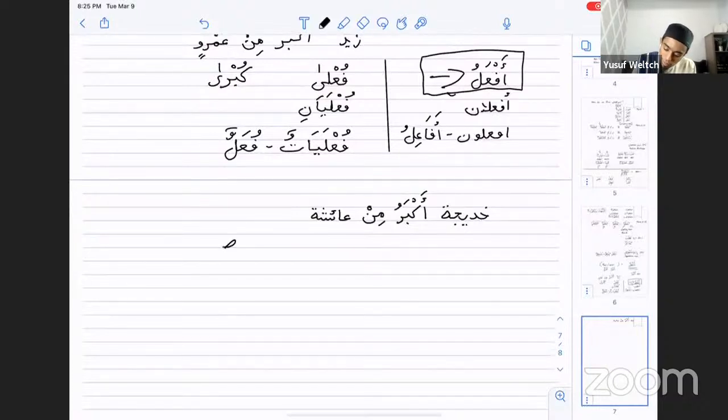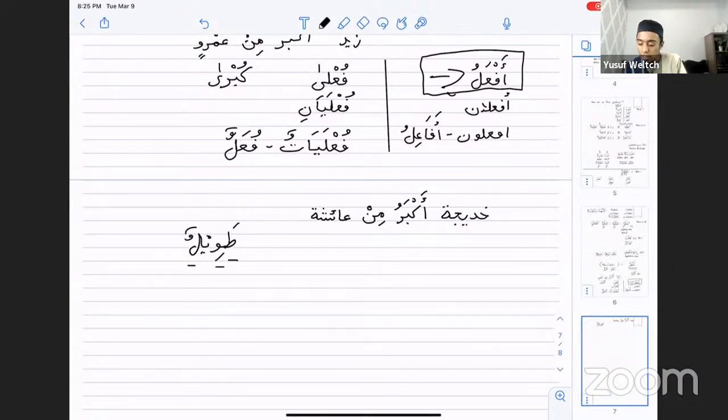So if the word tawil means taller, the root letters being ta waw lam, how would I say that Khadija is taller than Aisha? Khadija atawil Aisha? Close, close.